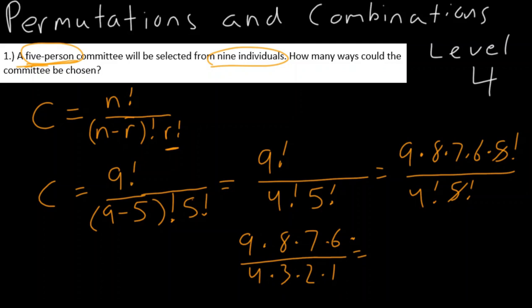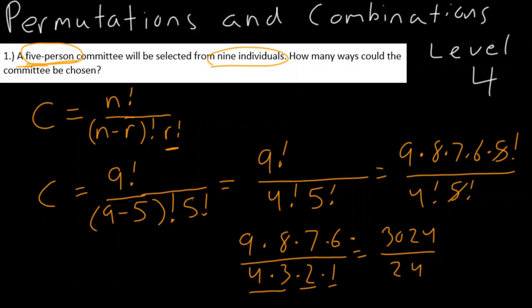Now let me pull up my calculator, because we're definitely going to need our calculator for this top portion. And ask yourself, what is 9 times 8 times 7 times 6? And that will give us 3,024 over, and on the bottom we have 4 times 3, which is 12, times 2, which is 24, times 1, which is 24.